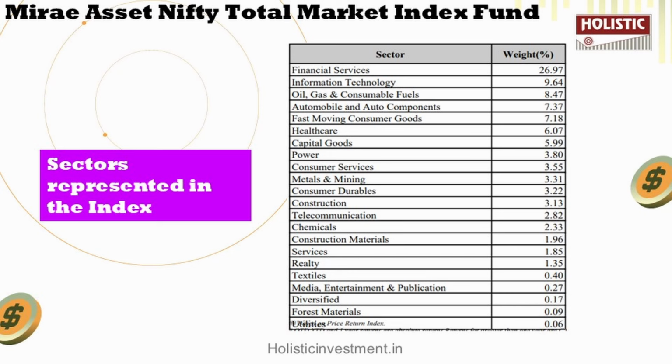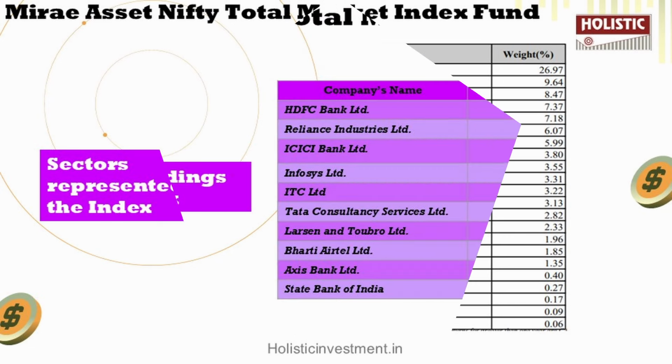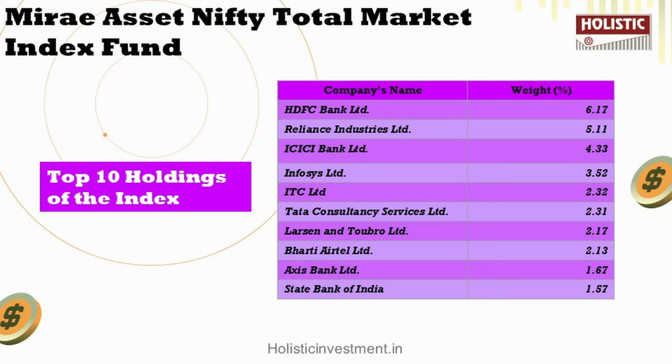The highest weightage is given to financial services at 26.97%, while the lowest weightage of 0.06% is given to the utility sector. Now let's take a look at the top 10 holdings under this index.